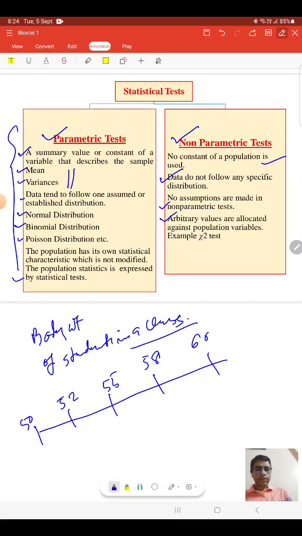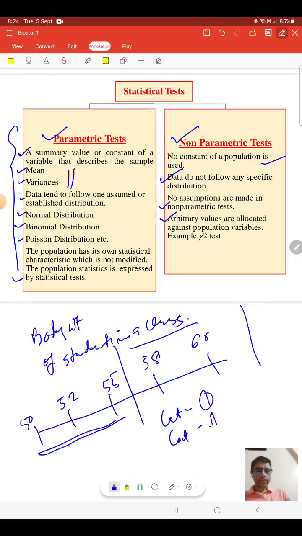Now here we can categorize them into various categories. Say up to 55 kilo, category 1, 55 to 60, category 2. So that is how we are going to categorize them. So here we are giving some values. Say here grade 1, here grade 2.